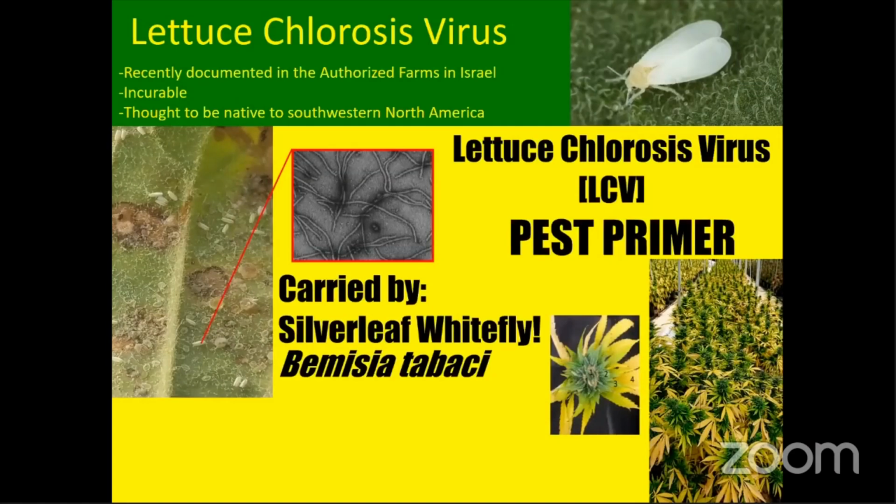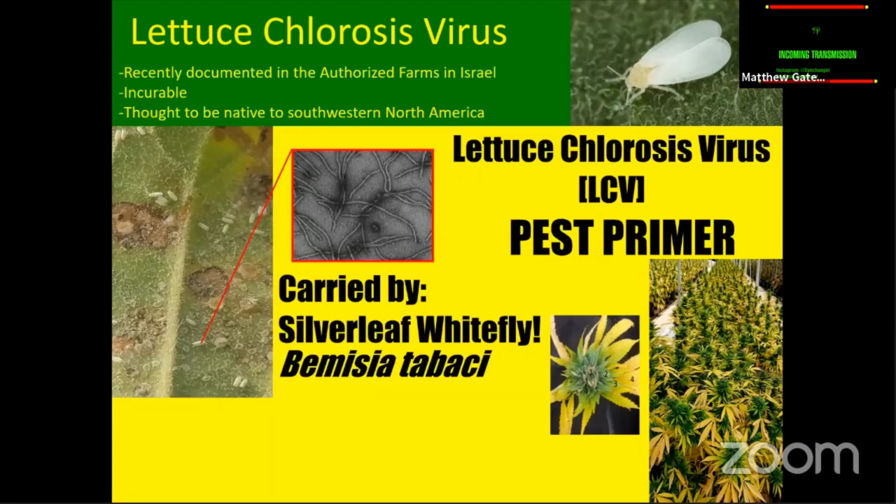I also have to tell you about the lettuce chlorosis virus. I've talked to Stephen a little bit about this too. But recently it was documented in the authorized farms in Israel. Currently it is incurable. Usually, like its name implies, it infects lettuce, but also many other plants.